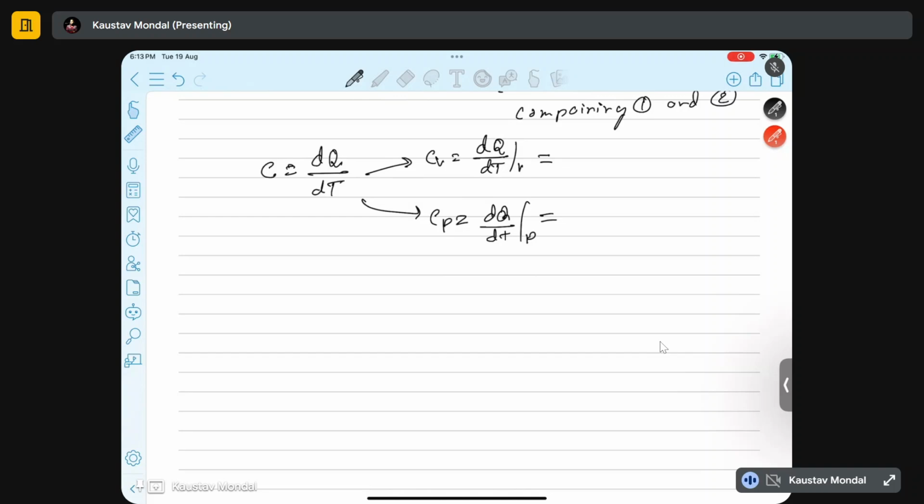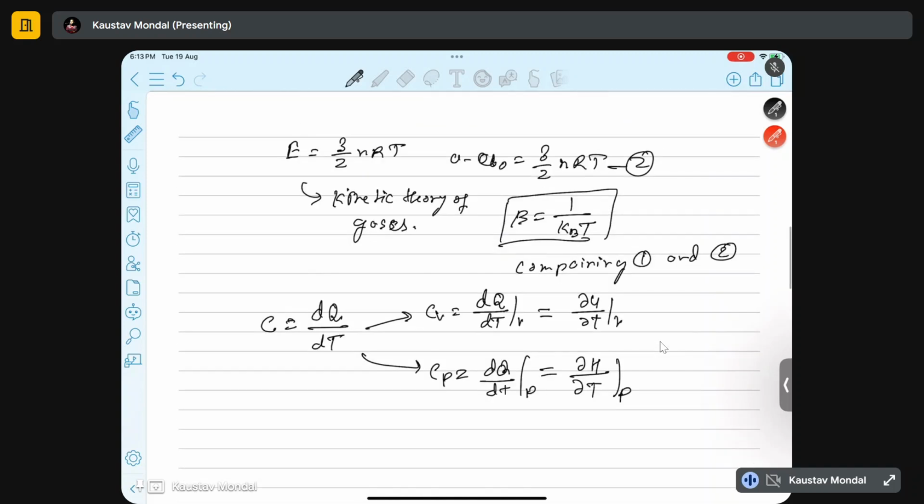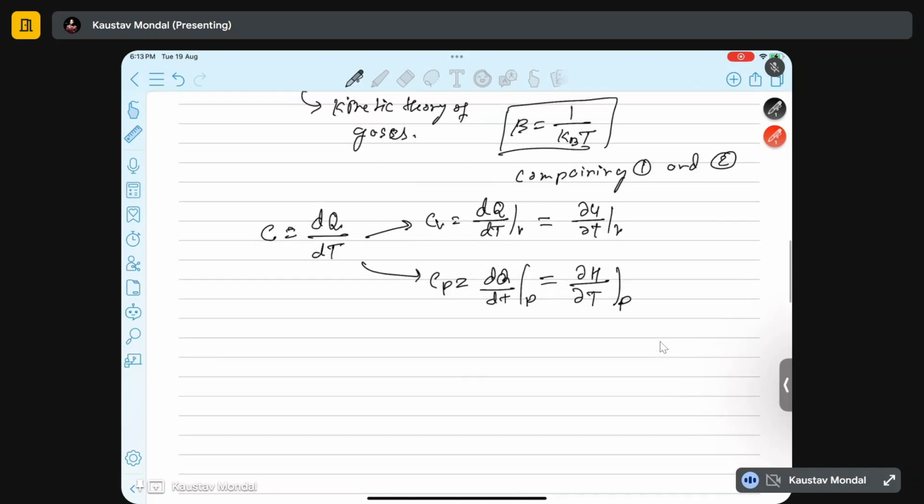Basically, if you use the first law of thermodynamics, then this expression of CV reduces to del U del T at constant volume, or for constant pressure you can write it like this: H is the enthalpy, del H del T at constant pressure. So this is the expression of the specific heat that we have derived earlier.